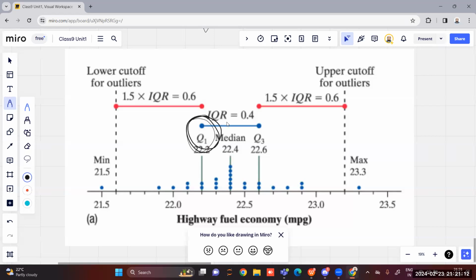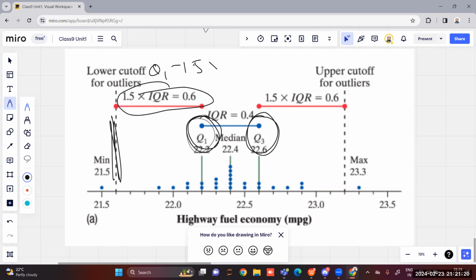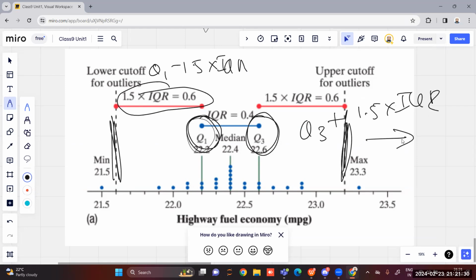This is Q1, this is Q3. What we do: the lower fence is Q1 minus 1.5 times IQR, and the upper fence is Q3 plus 1.5 times IQR. So the values all above the upper fence and all below the lower fence are called outliers. Did you get it?